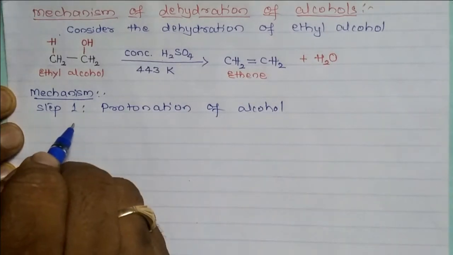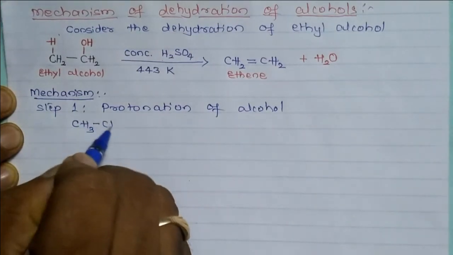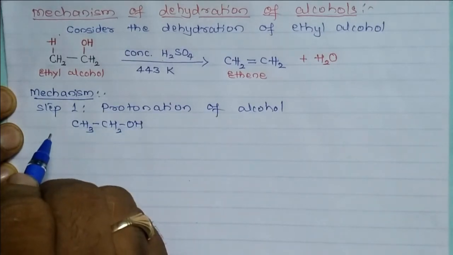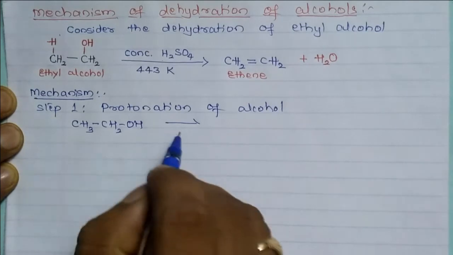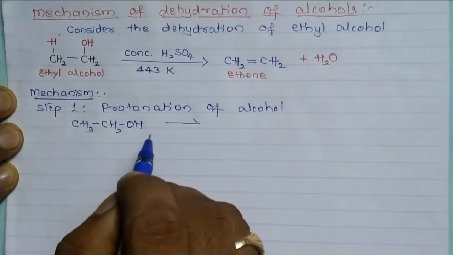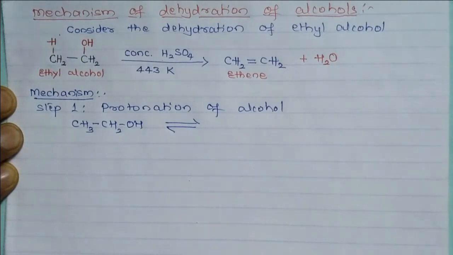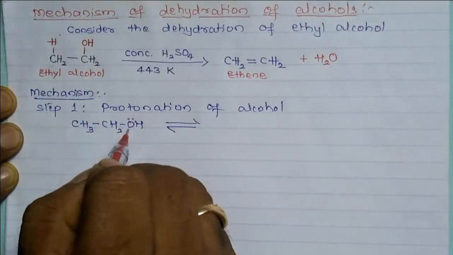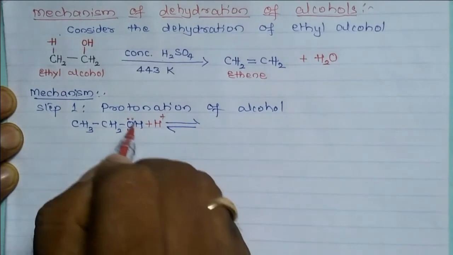Sulfuric acid protonates CH3CH2OH, ethyl alcohol, which contains a pair of electrons, plus H+.